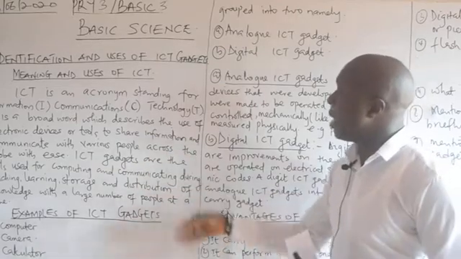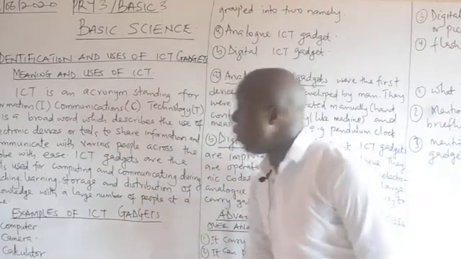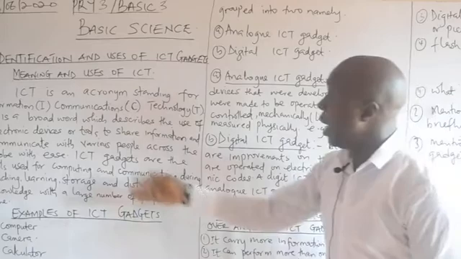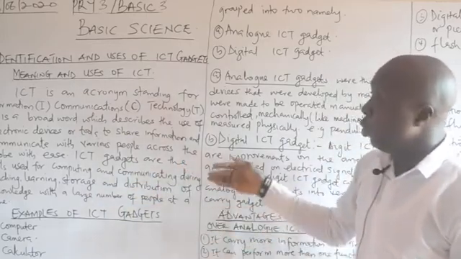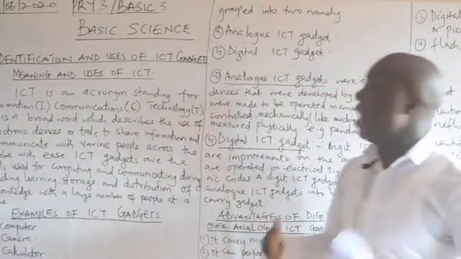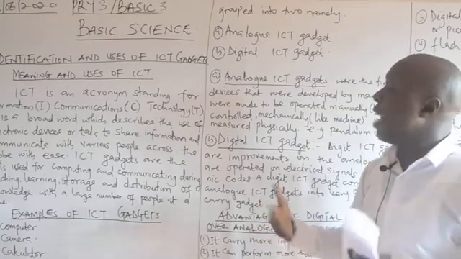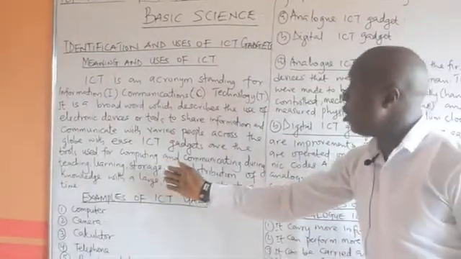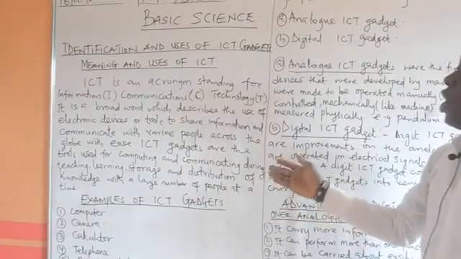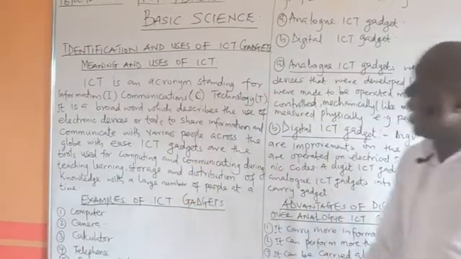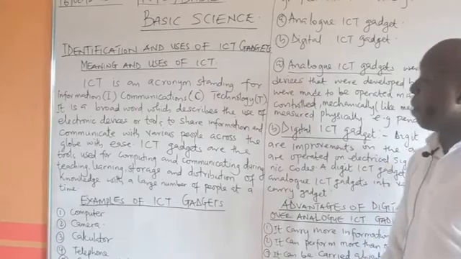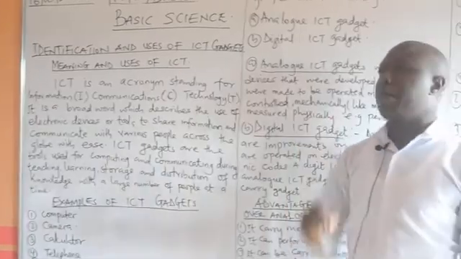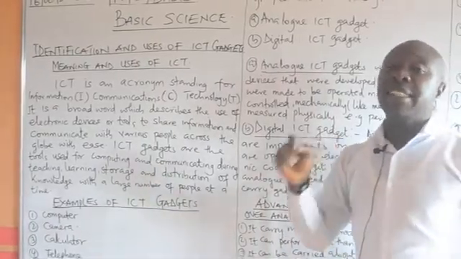ICT gadgets are the tools used for computing and communicating during teaching. That is, they use most of these ICT gadgets in teaching, learning, storage and distribution of knowledge with a large number of people at a time. ICT is an acronym.